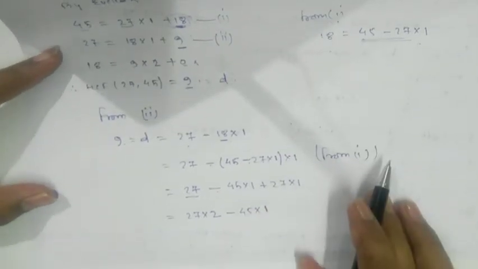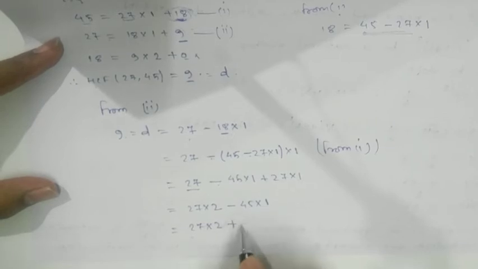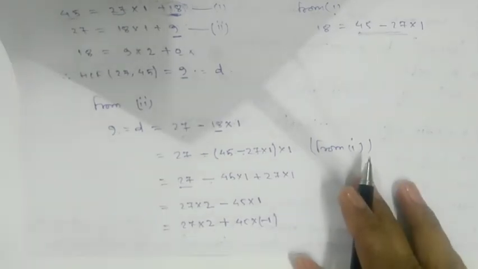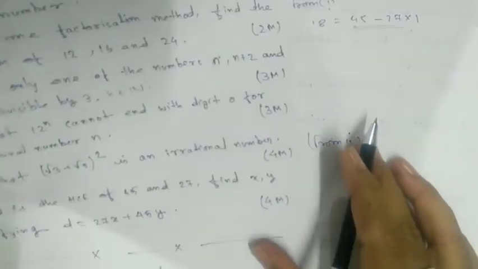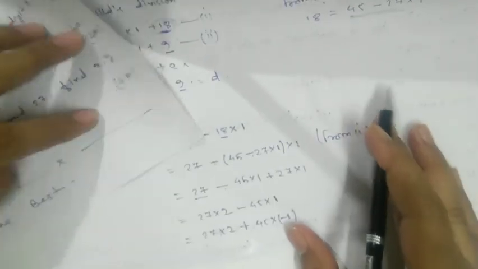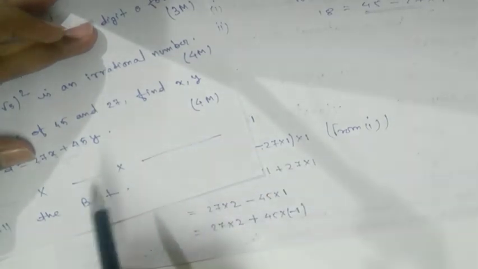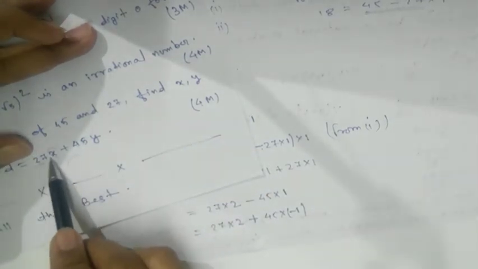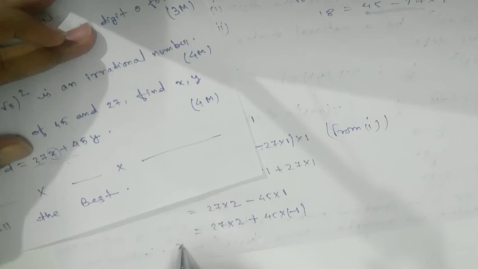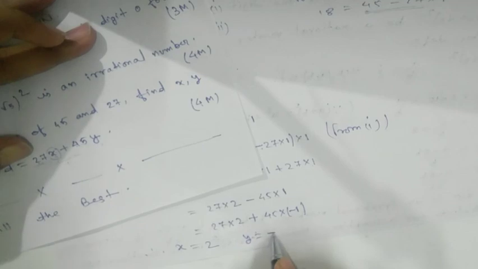Okay, so we can write this as 27 into 2 plus 45 into minus 1, and the demand is 27 into x plus 45 into y. Therefore we can compare, 27 into x, and x is 2, therefore x equals 2 and y equals minus 1.